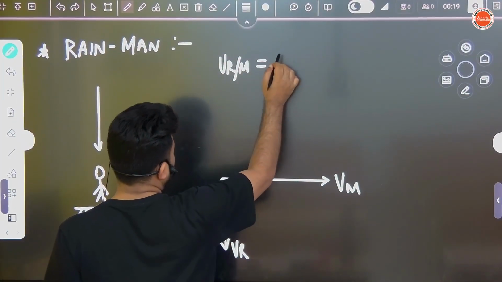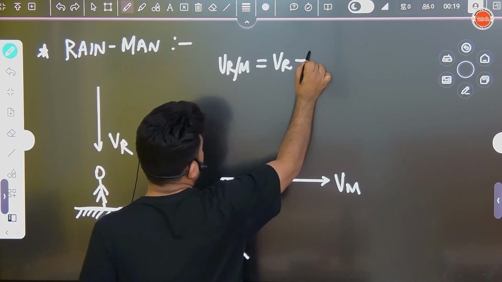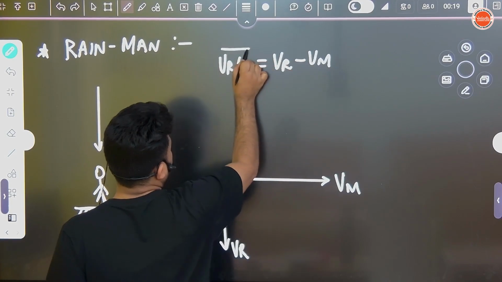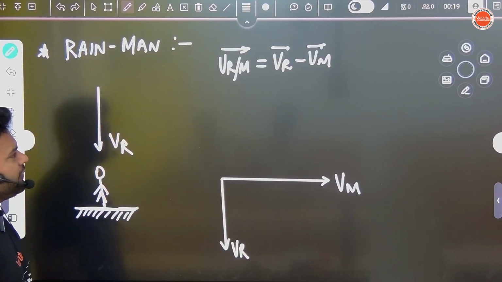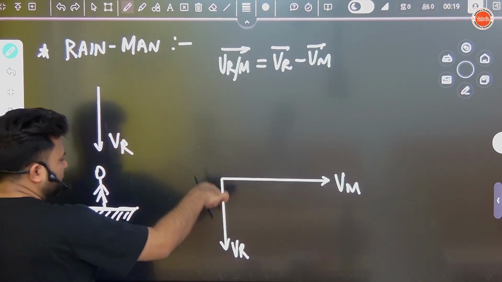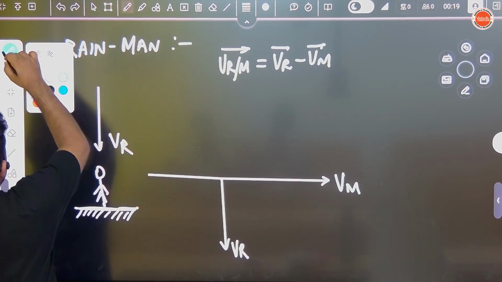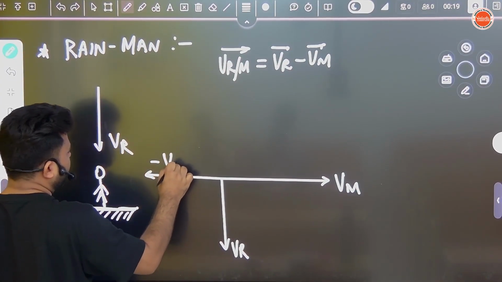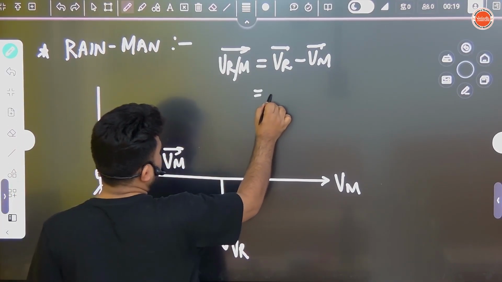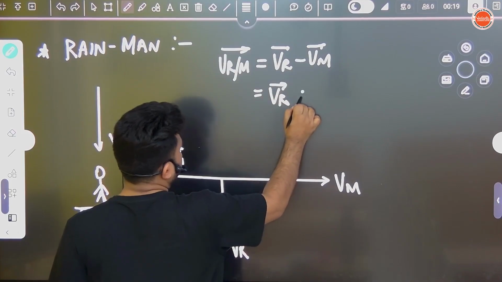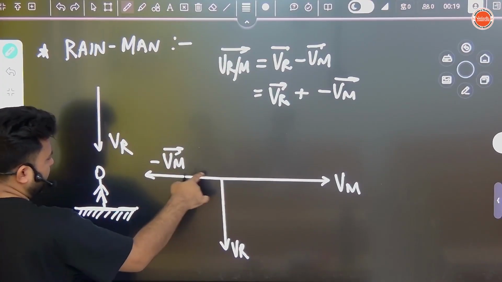Acha, we know that in 1D motion I have told velocity of A with respect to B means velocity of A minus velocity of B. So velocity of rain with respect to man means velocity of rain minus velocity of man. Means basically you have to add these two vectors: VR vector plus minus VM vector.